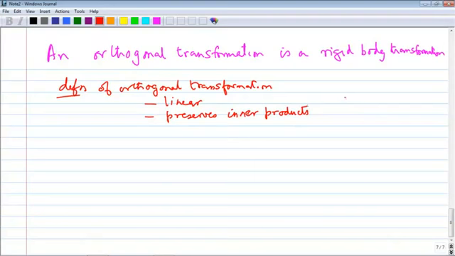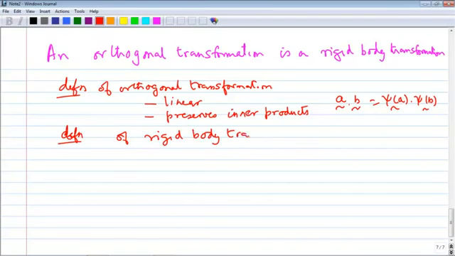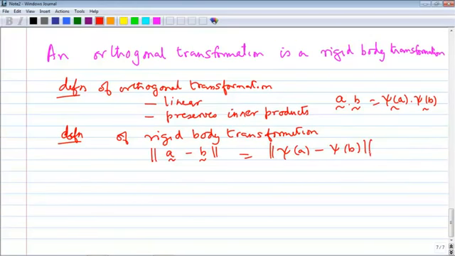Okay, so in other words, A dot B equals psi of A dot psi of B. And the definition of rigid body transformation was that the length of A minus B is the same as the length of psi A minus psi of B. And what did we prove?